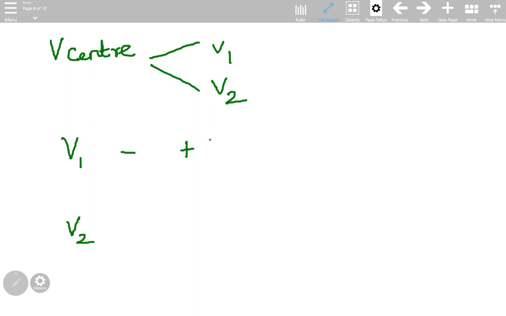If a hole has occupied this vacant site, we call this a V center. So if an electron occupies the negative vacant site, we call it an F center, and if a hole occupies the positive site, we call it a V center.